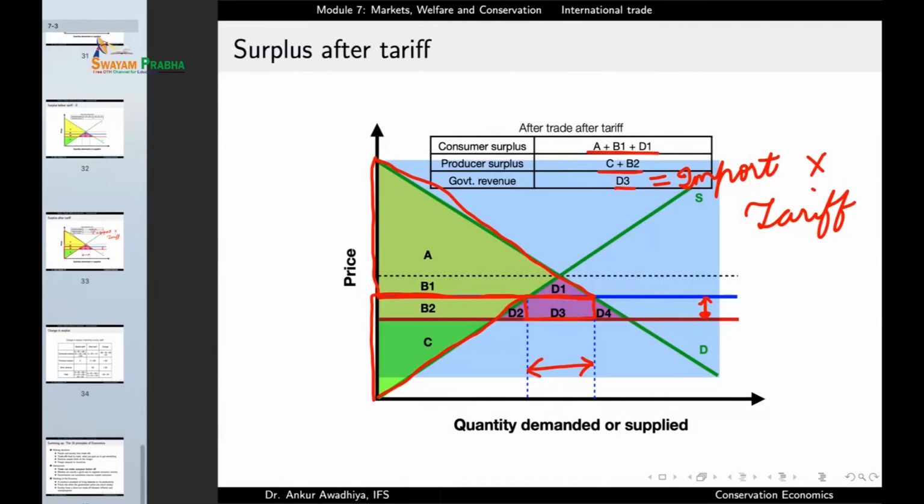Now if 10 pens are imported, the government gets 20 rupees. If 100 pens get imported, the government gets 200 rupees. Similarly, it has got to do with the amount of tariff. If 10 pens were imported and the tariff was 2 rupees, then the government gets 20 rupees. If the tariff increases to 3 rupees, then the government gets 10 into 3, which is 30 rupees. So we are representing that by this rectangle D3. So this is the surplus after the tariff.